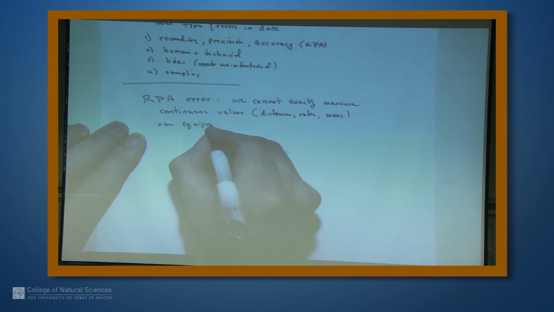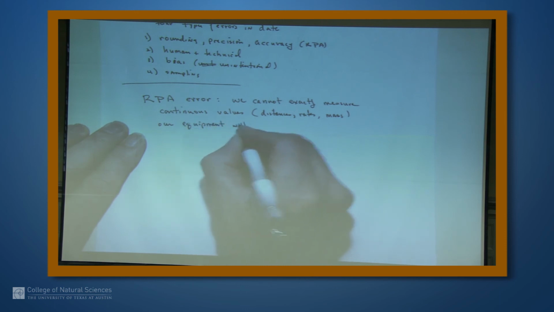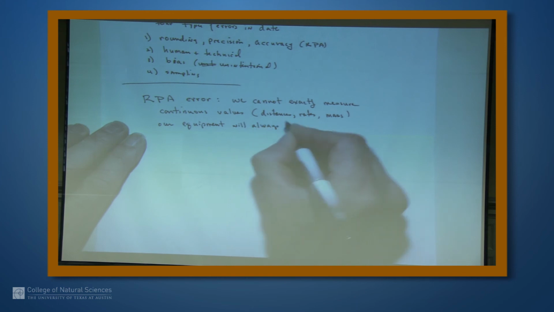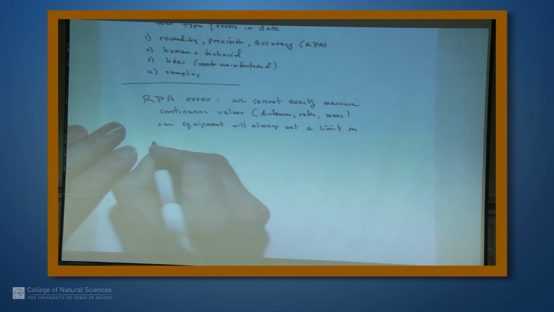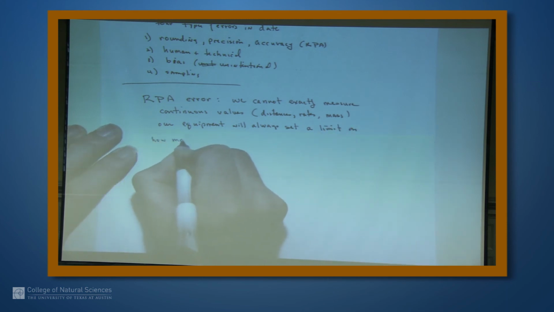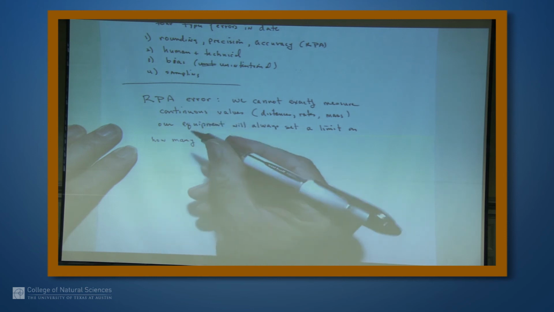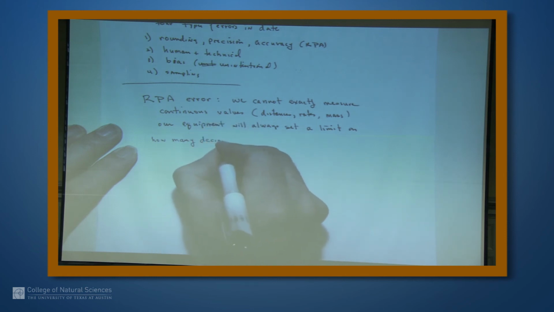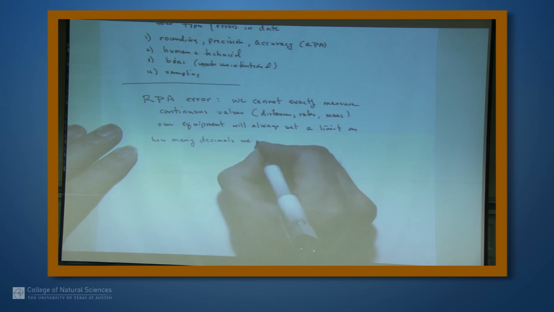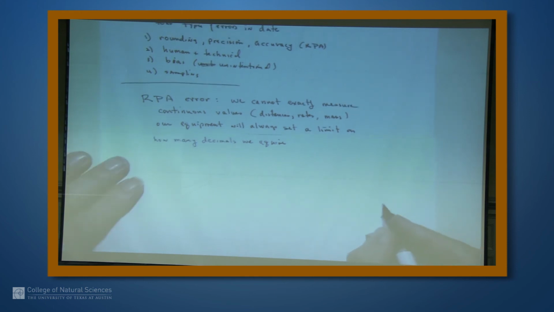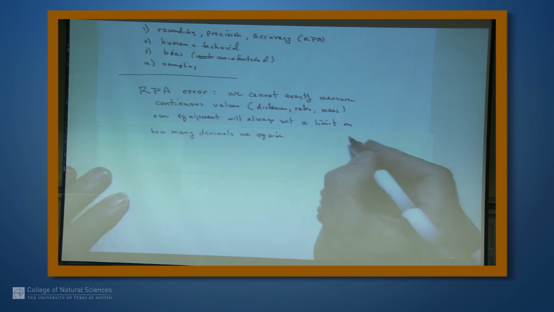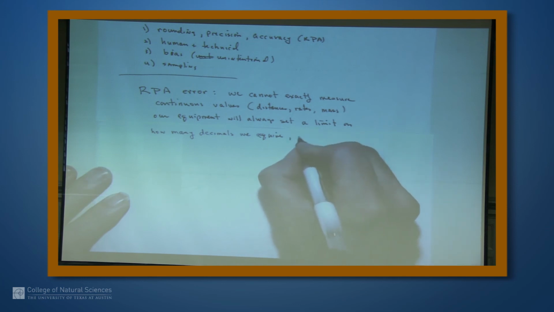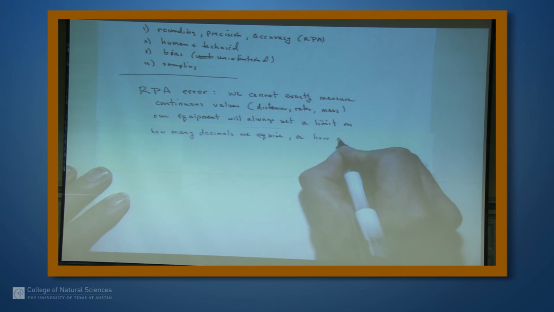Our equipment will always set a limit on how many decimals we acquire, or how many we acquire accurately anyway.